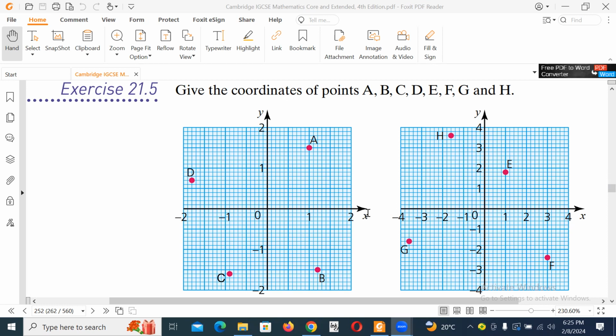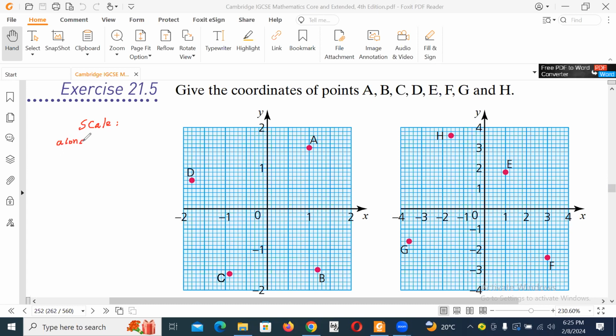We already know from the previous video that from 0 to the right we have positive values, 0 to the left negative values, 0 upward positive y values, and 0 downward negative y values. Once you know the scale, that will help you recognize the positions of A, B, C, and D.